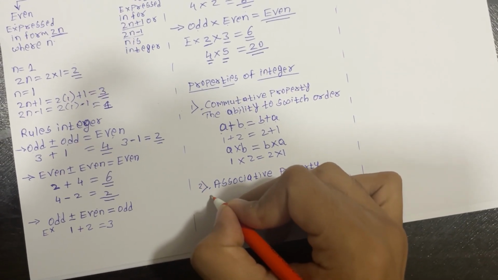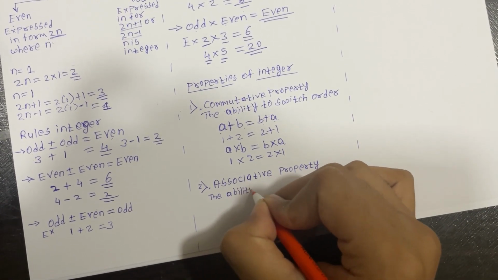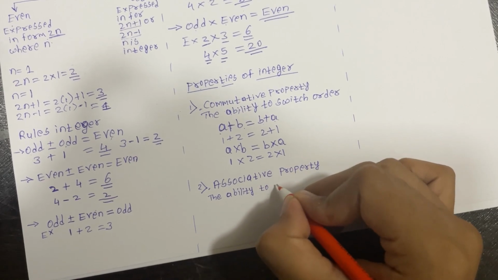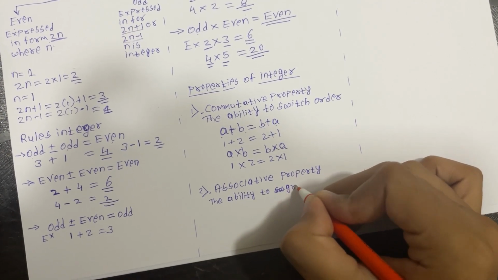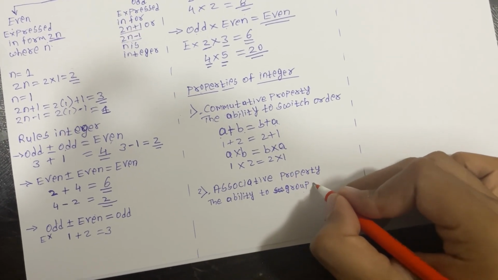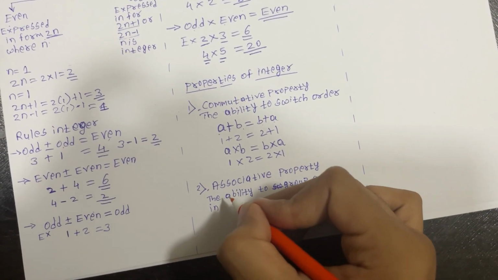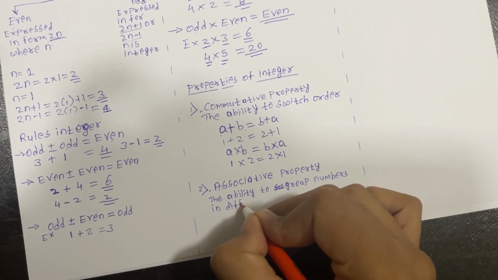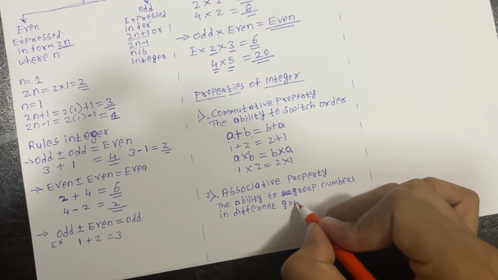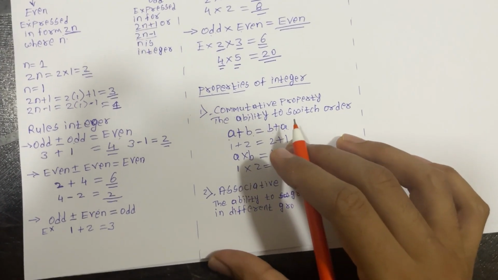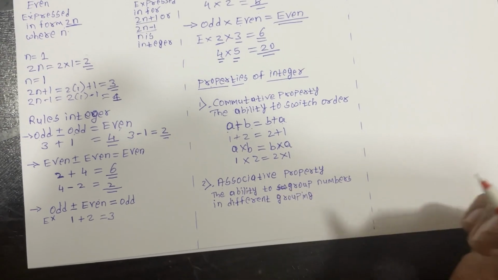The ability to group numbers in different grouping is called as associative property.